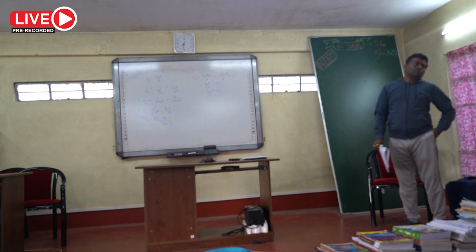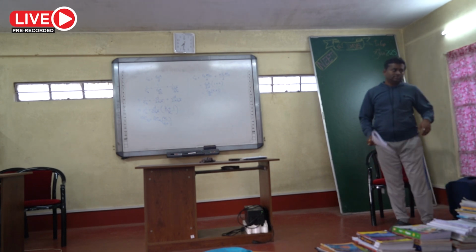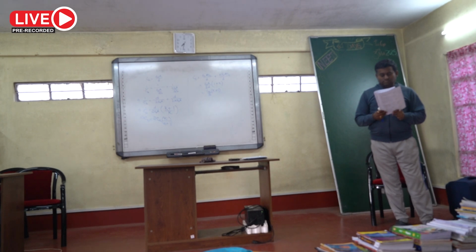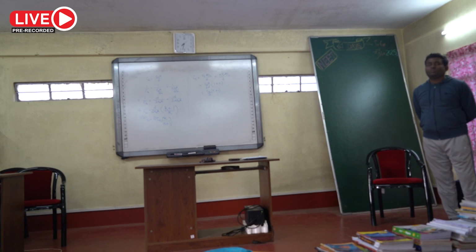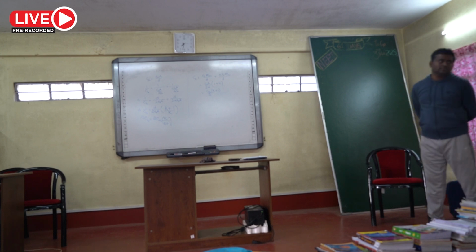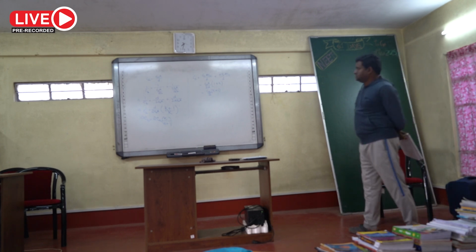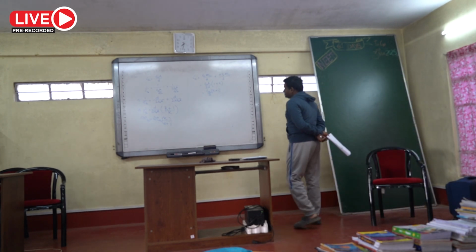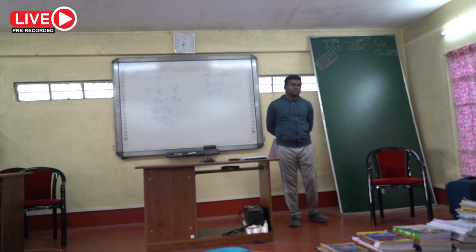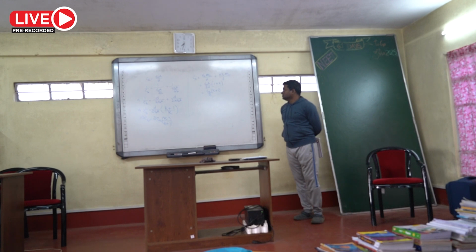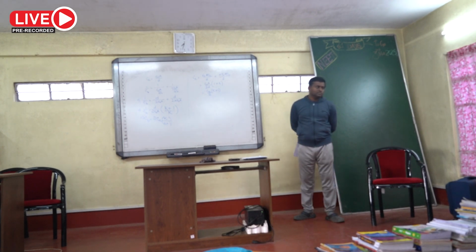Now from this you have to compare and find the correct option. So both Cb and Cc are greater than Ca. Okay.